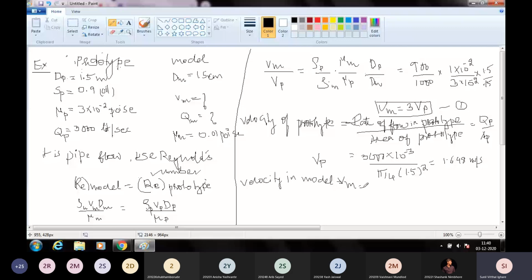So 3 into 1.698 is equal to 5.091 meter per second.